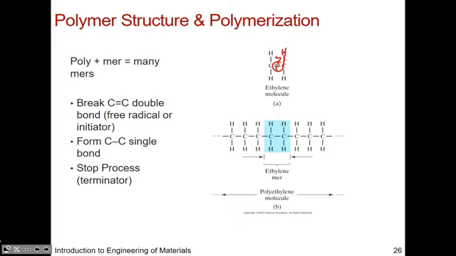You need to break the covalent bond. Then you need to form the single bond. And then you need to make a whole chain. You need to repeat this. So typically, when you make a polymer, you need a catalyst of some sort.